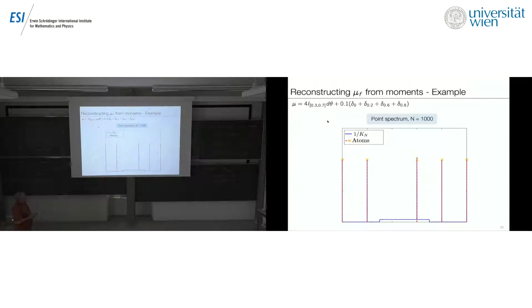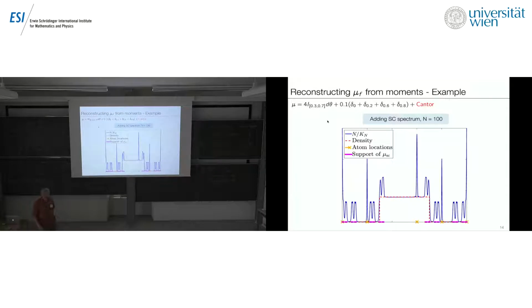So the atoms are there. The absolutely continuous part also becomes clear with the other limiting procedure, the dotted line. And if you go to 1,000, it's becoming extremely accurate.